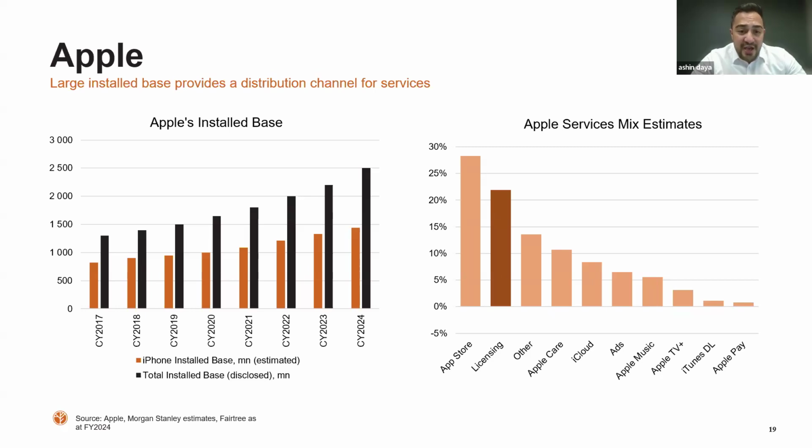In exchange, Google's Chrome browser is the default browser on Apple's Safari web browser. In addition, Apple earns commission on ad revenue generated by Google on Apple devices. So it's a very powerful profit engine for Apple.